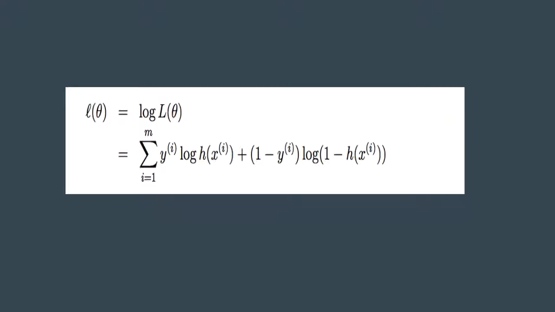Alright, so we're going to have the sum from i equals 1 to m of y sub i times log of h theta of x sub i, plus (1 minus y sub i) times log of 1 minus h theta of x sub i.